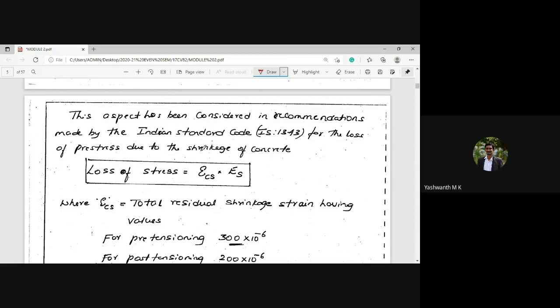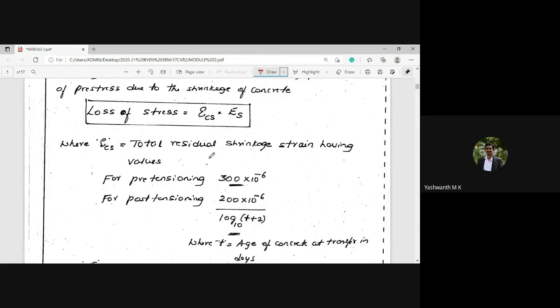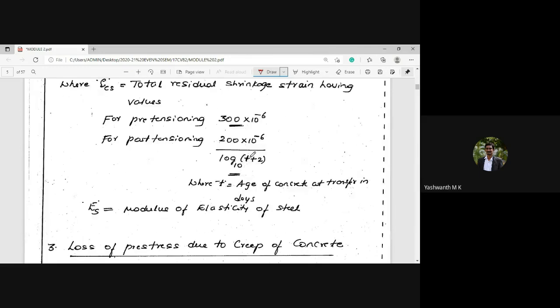For the loss of pre-stress due to shrinkage of concrete, the loss of stress is equal to epsilon Cs multiplied by Es. What is epsilon Cs? It is the total residual shrinkage strain, which for pre-tension is equal to 300 × 10^-6, and for post-tensioning is equal to 200 × 10^-6 divided by log to the base 10 of (T + 2), where T is the age of concrete at transfer in days.